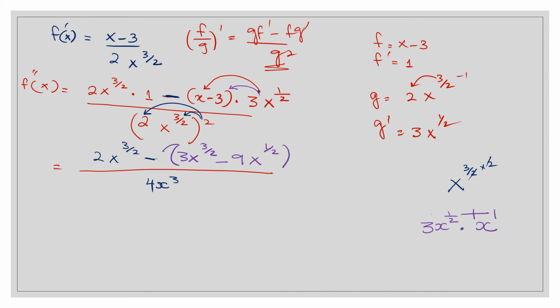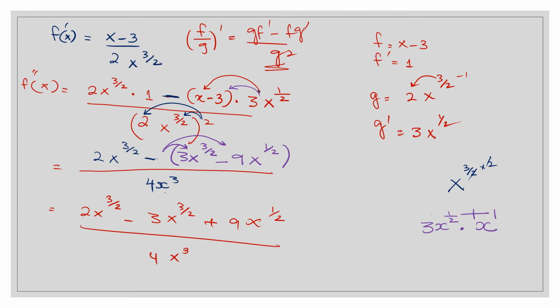Now open the bracket with the negative sign. So you will get 2x to the power 3 over 2 minus 3x to the power 3 over 2 plus 9x to the power half, whole upon 4x.